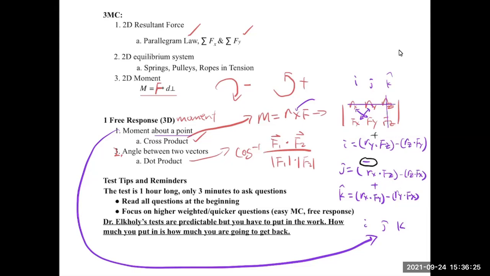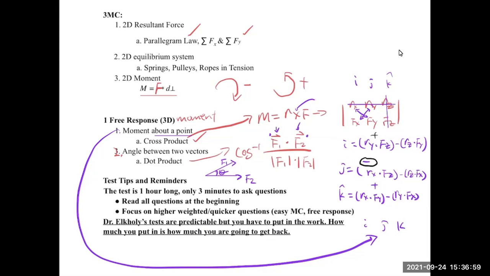Also for the angle between two vectors, notice that there are two forces right here. Let's say I have a force F1 right here and F2 right here, and I want to find the angle between them. At that moment, you have to apply the dot product when you're doing the 3D moment problem. Please remember that F1 and F2 here are vectors, which means they have to be in Cartesian vector form.